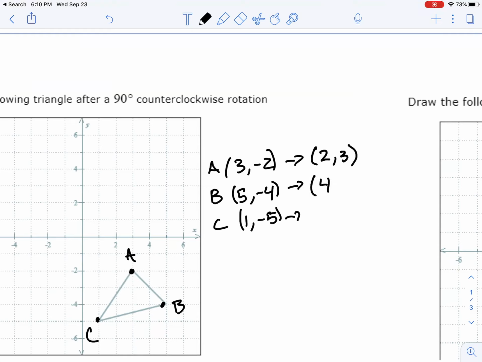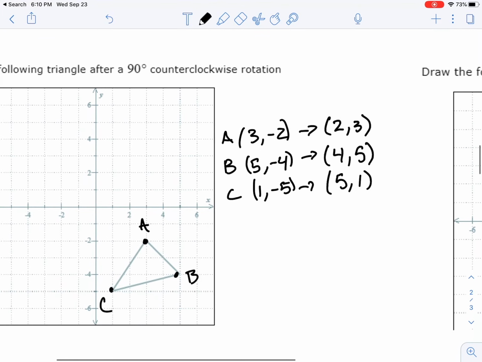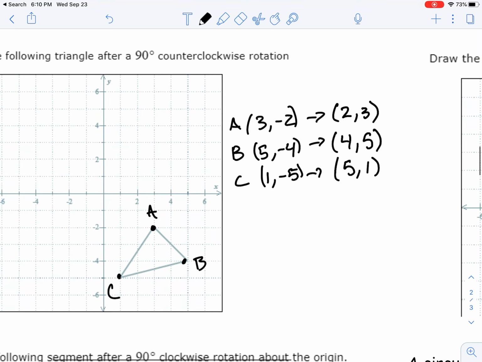Letter B. The 4 is going to the front, and it's changing to a positive. 5 stays the same. 5, 1. Okay? There's a pattern there. You have to maybe pause the video and figure it out if you didn't get that. But these are like my A prime, B prime, and C prime.